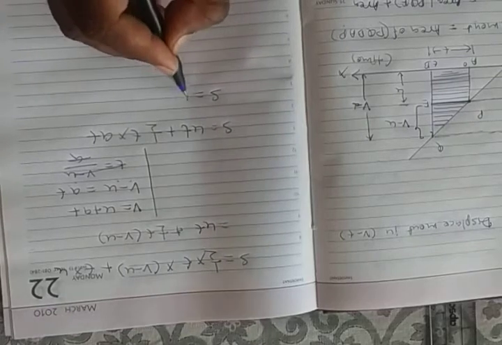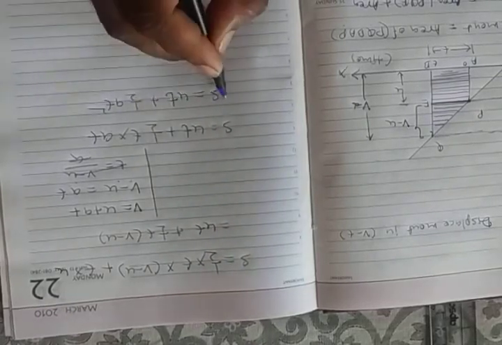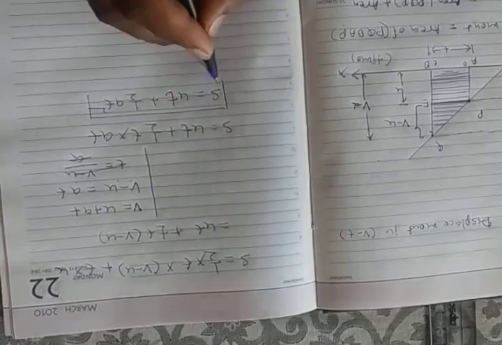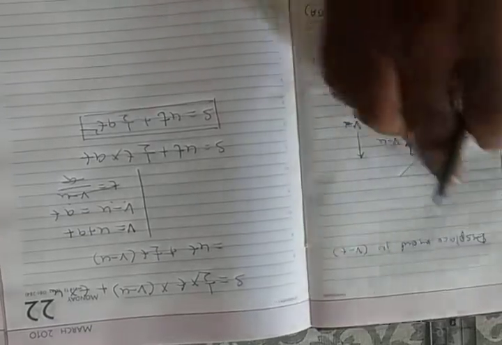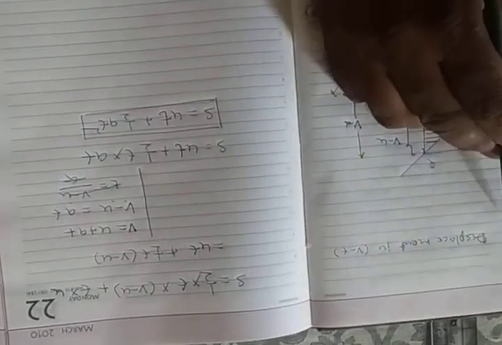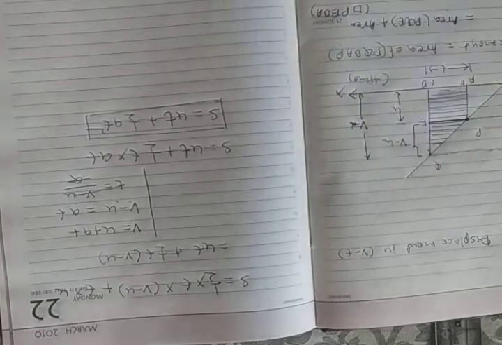So s is equal to ut plus half at square. This is known as the second equation of motion using the graphical method, also called the displacement and time curve. Clear? Means displacement in the VT curve.